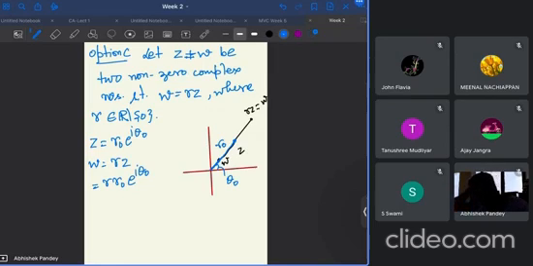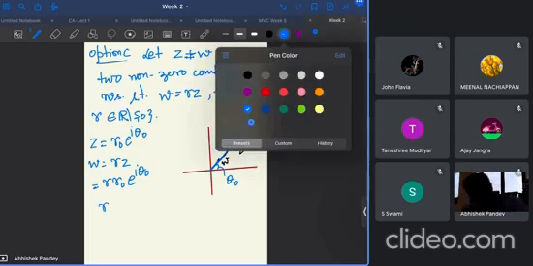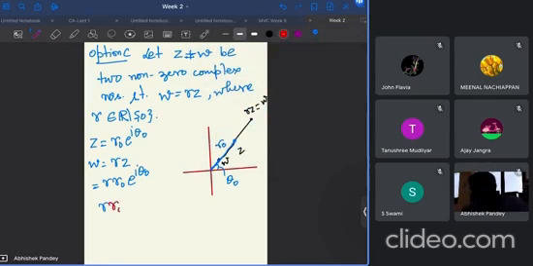So basically, modulus of W is less than r naught if r is less than 1, and greater than r naught if r is greater than or equal to 1.